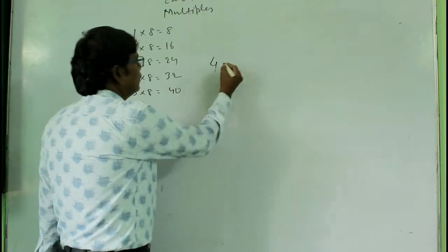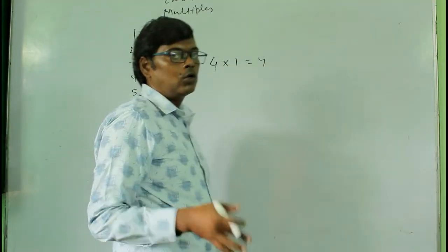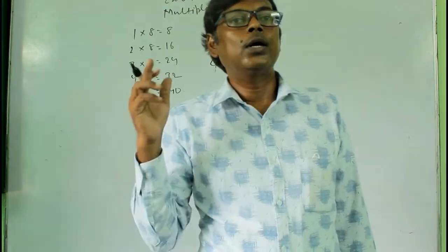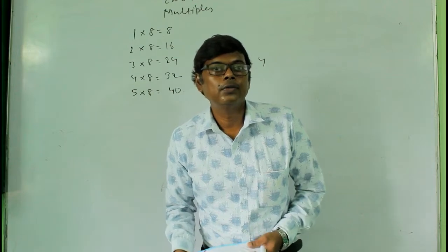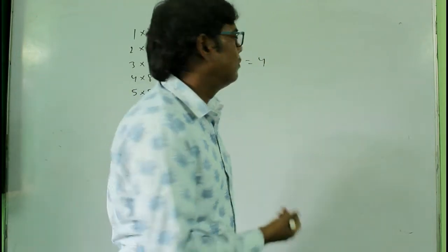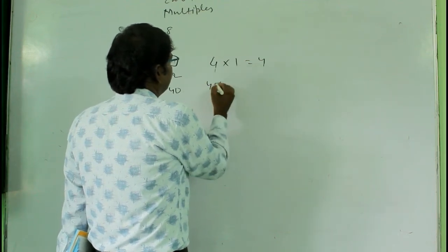For example, 4 into 1 equal to 4. We go on multiplying 1, 2, 3, 4, 5, 6, and so on, in the given number, then you will be getting the multiples. For example, 4 1 is 4.